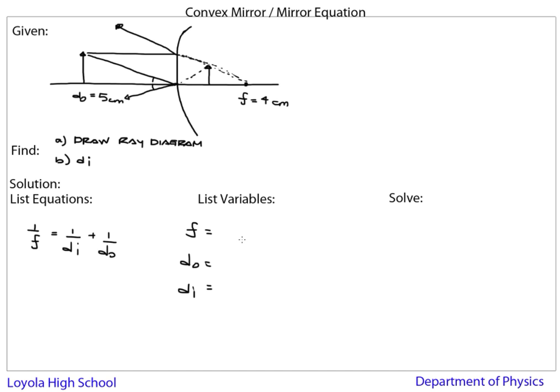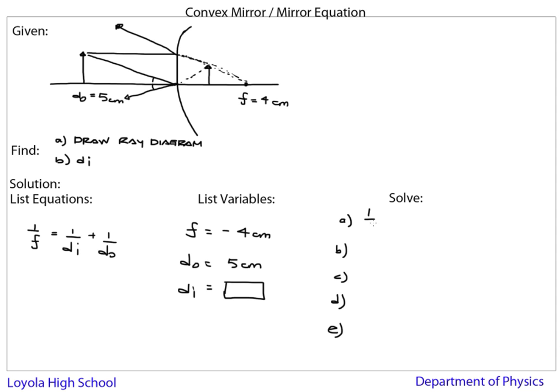So this is a virtual focal point, so this is going to be negative 4 centimeters, not positive 4 as we've done in the past with concave mirrors. do, as in the given, is 5 centimeters away. And I need to find di. So I'm going to use the same 5-step process for the solution, A, B, C, D, and E, to keep everything organized.